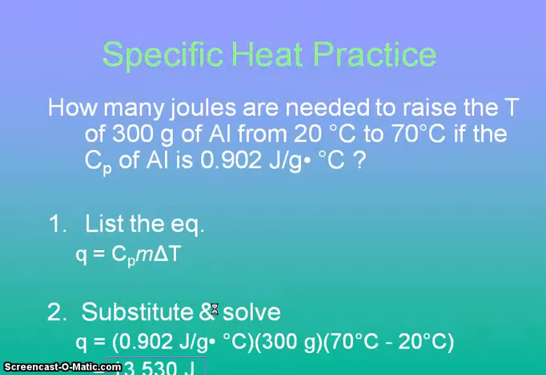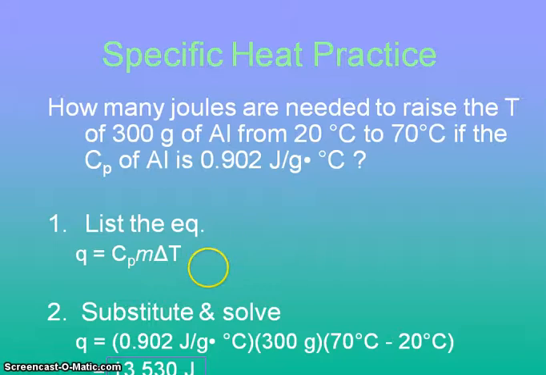Here's an example of a specific heat problem. This one is asking us how many joules are needed to raise the temperature of 300 grams of aluminum from 20 to 70 degrees Celsius if the specific heat of aluminum is 0.902 joules per gram degrees Celsius. So the first thing you always do is write out the equation. We'll always do equation, substitute, and solve.